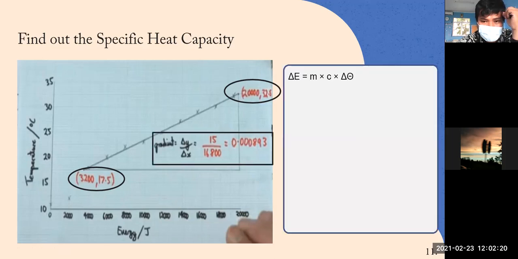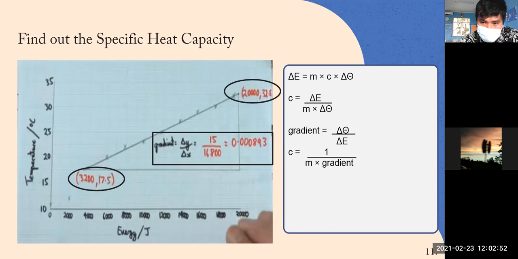The equation says that the energy transferred is equal to the mass times specific heat capacity times delta theta. The gradient was the change in temperature divided by the change in energy. That means we can use the value of the gradient in this equation: specific heat capacity is equal to 1 divided by the mass multiplied by the gradient.